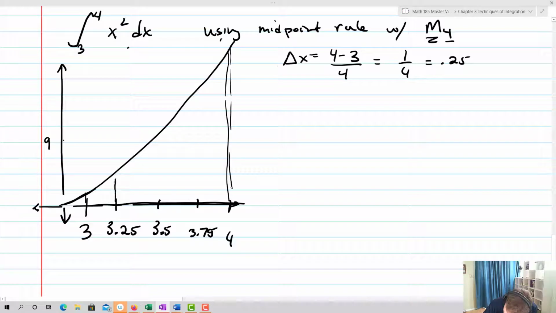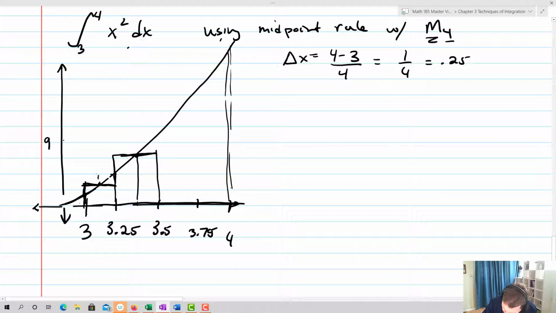So now I'm going to imagine my values here. Now, here's the thing with 0.25, right? The picture looks the same, but the value here is a little bit different. It's going to end up being f of 3.125. Same thing if I go up here to between 3.25 and 3.5.